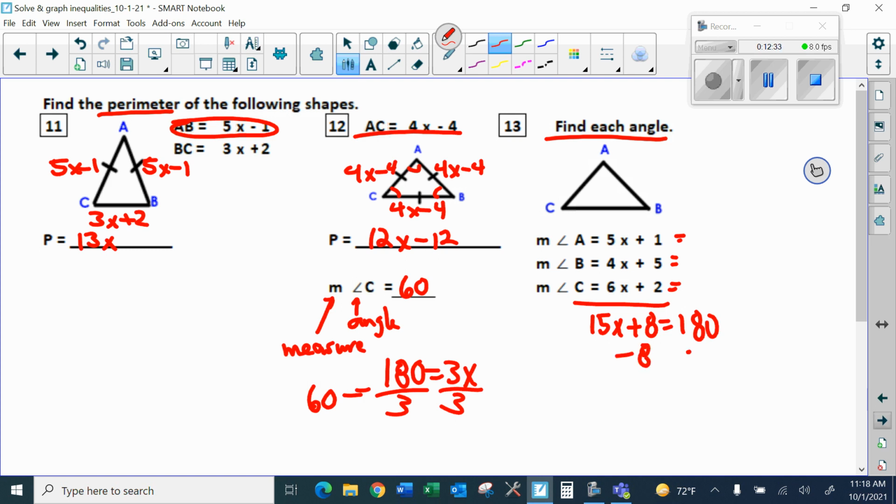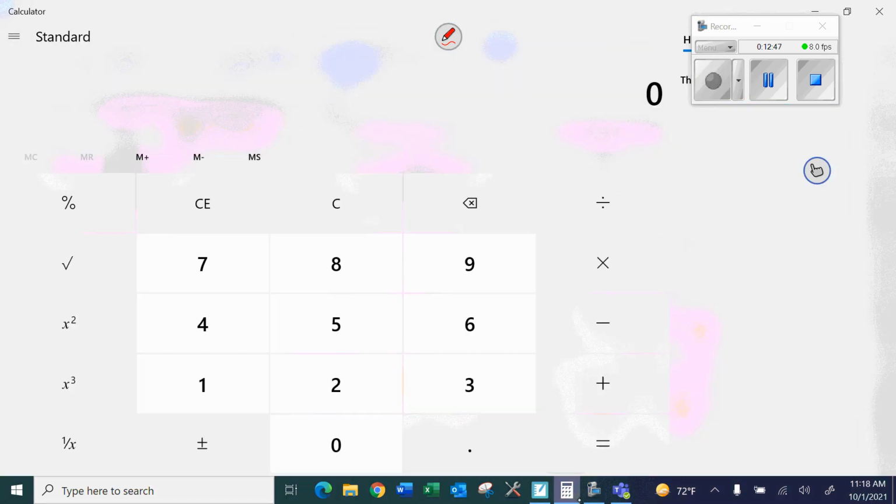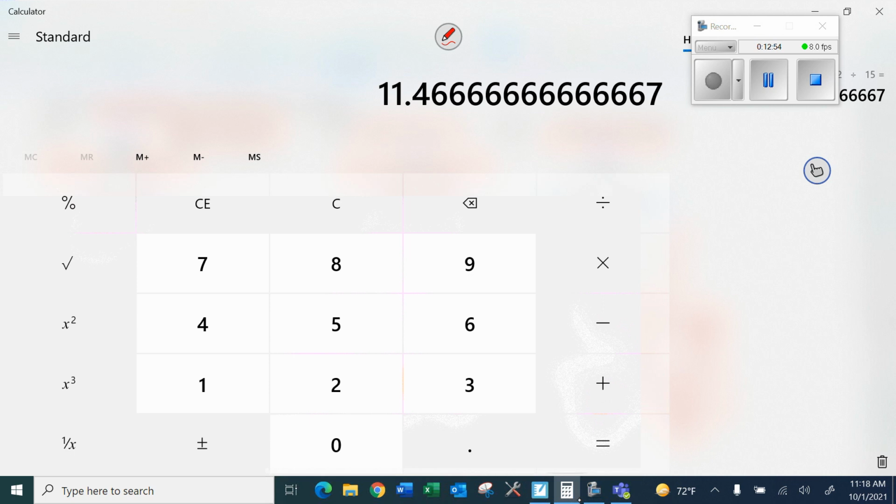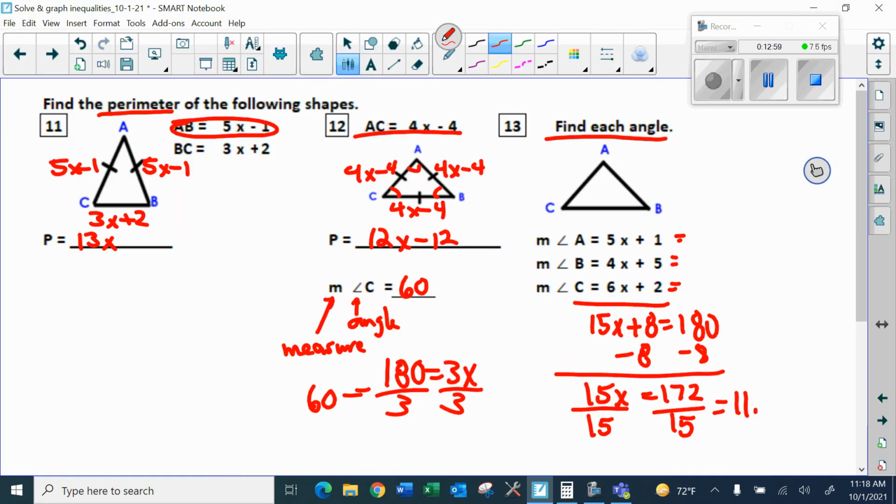Subtract the 8 across. 15x equals 172. Divide by 15. Put it on your calculator, 172 divided by 15. 11.46 repeating bar. Remember, the repeating bar is only over the 6. So that's what x equals.